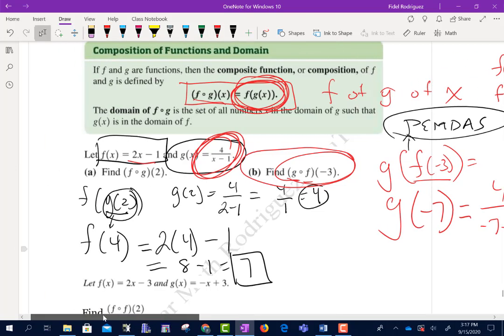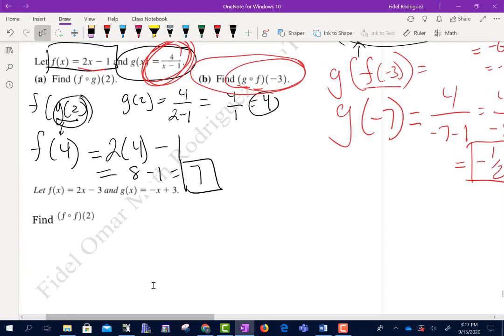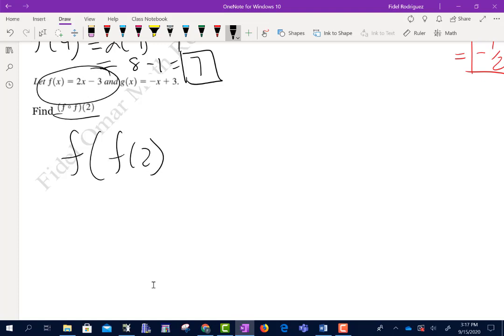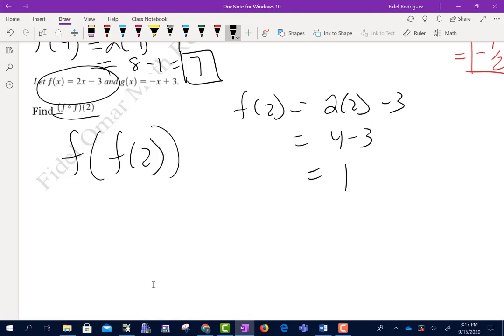All right, let's see if we can do the same thing over here. Let me scroll down a little. And notice what we're finding here. It's not a typo. We're finding f of 2. So I'm going to go f of 2. So I'm going to come to this function here. F of 2. So that's going to be 2 times 2 minus 3. 2 times 2 is 4, minus 3 is 1.